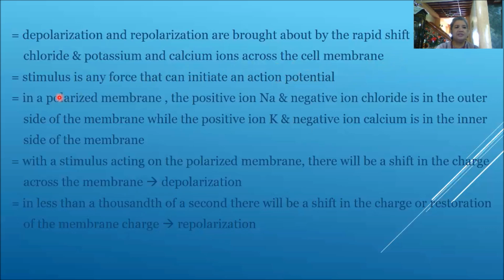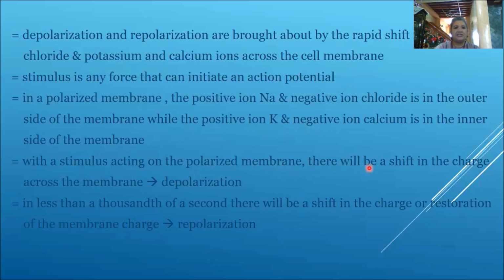Now, this stimulus is any force that can initiate an action potential. In a polarized membrane, the positive ion sodium and negative ion chloride are on the outer side of the membrane, while the positive ion potassium and negative ion calcium are on the inner side. With a stimulus acting on a polarized membrane, remember a polarized membrane is a charged membrane, but there is no stimulation.